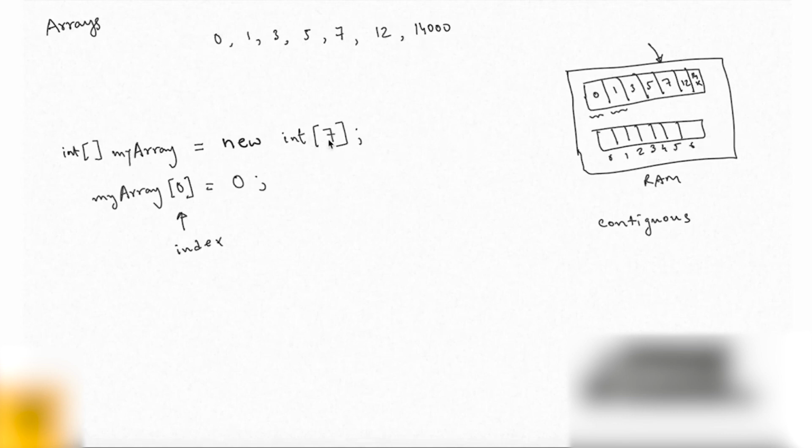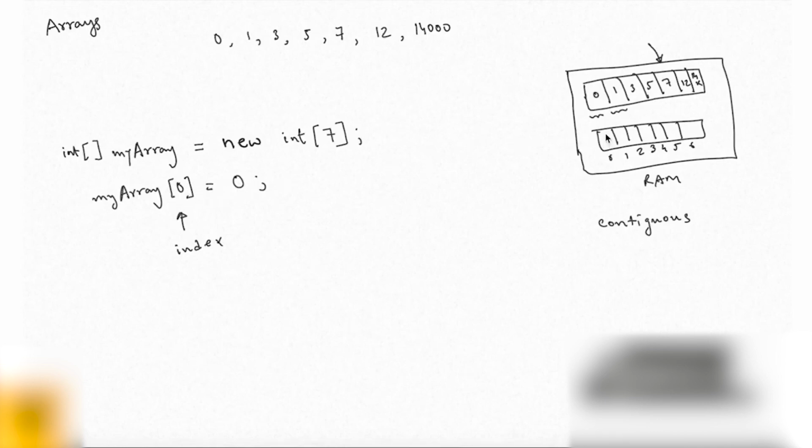Because we have 7 elements, our index starts from 0 and ends at 6. So when we say my array and in square brackets we say 0, at that point this memory location is accessed. Right now we're saying that in my array, in the very first memory location, which is 0, put that value to be 0.